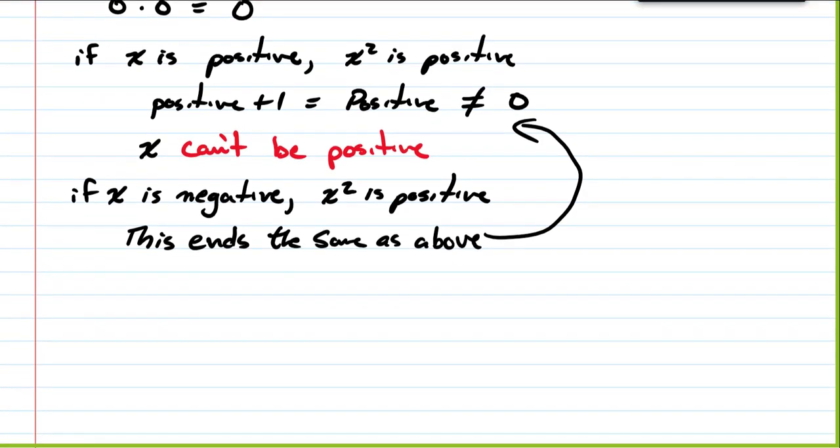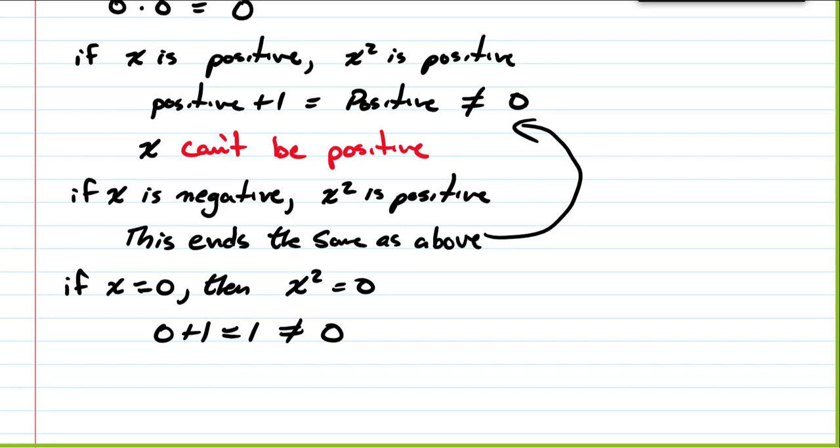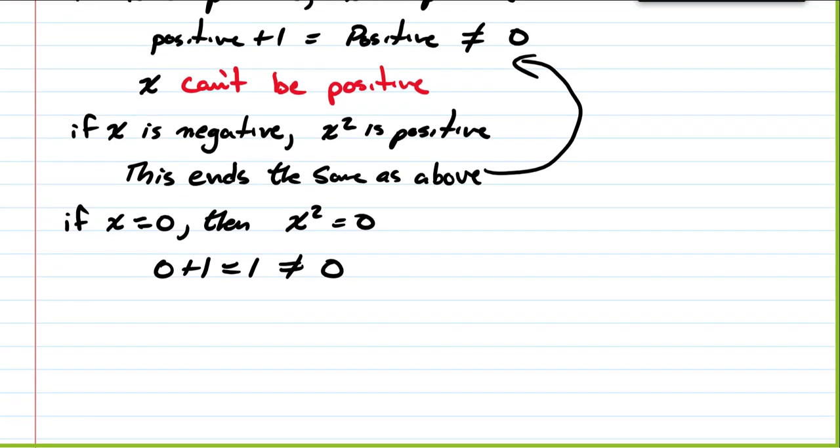So then our final hope is 0. But we know if x equals 0, then x squared also equals 0, and 0 plus 1 equals 1, which does not equal 0. So x can't be 0.